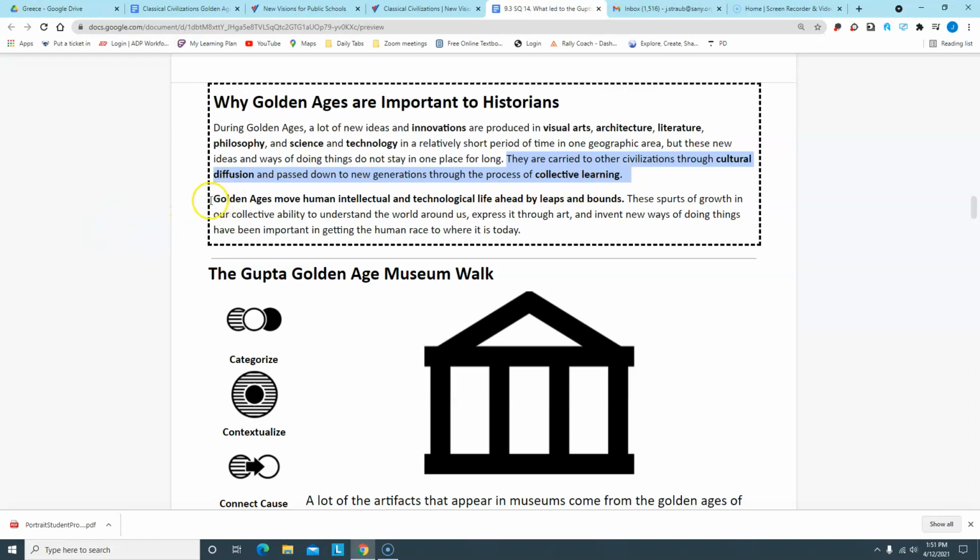Golden Ages move human, intellectual, and technological life ahead by leaps and bounds. These spurts of growth in our collective ability to understand the world around us, express it through art, and invent new ways of doing things have been important in getting the human race to where it is today.